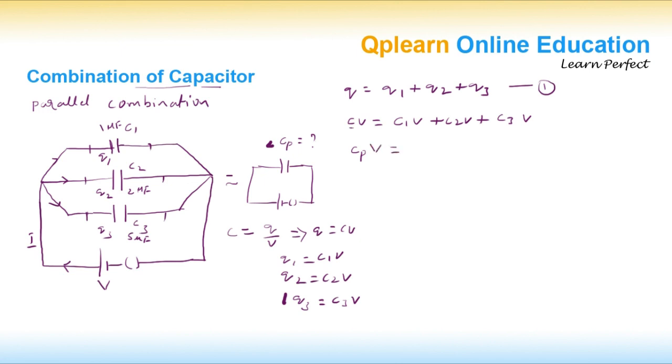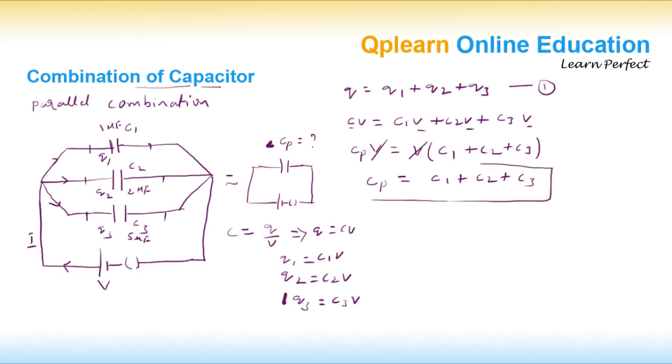In the above equation the voltage is common, so take V outside and write the remaining C1 plus C2 plus C3 in the bracket. Then V and V cancel each other, and finally you get Cp is equal to C1 plus C2 plus C3. This is the formula of equivalent capacitance of capacitors in parallel combination.